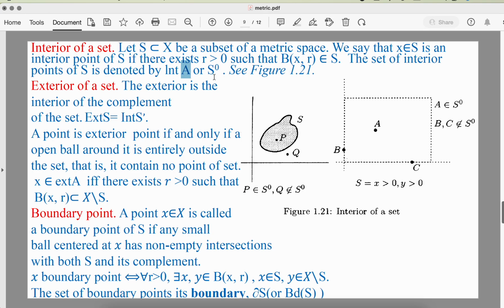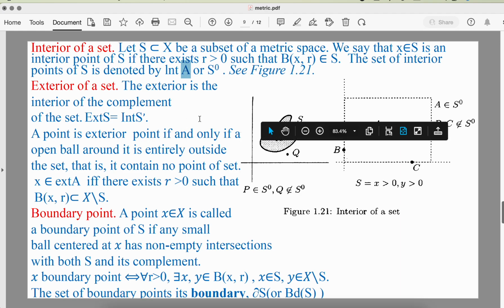So for an interior point we should have a real number r greater than 0 such that the open ball centered at x belonging to X and radius r is contained in the set.